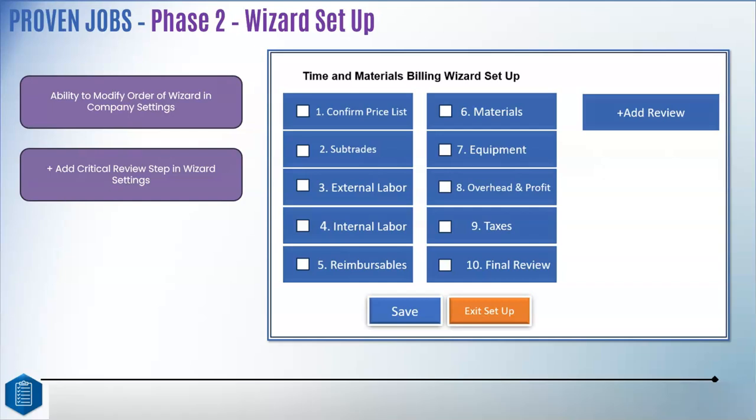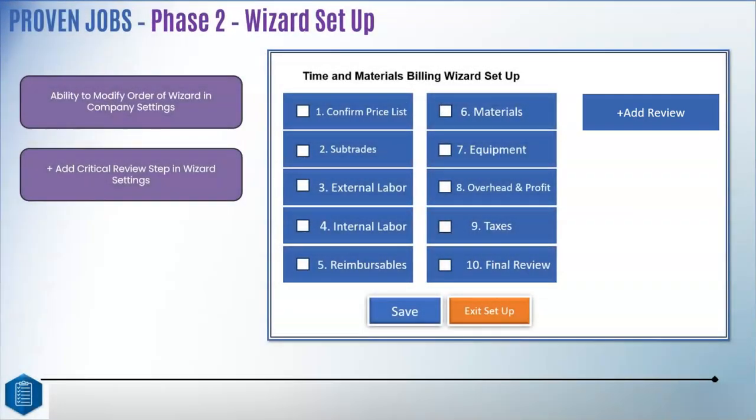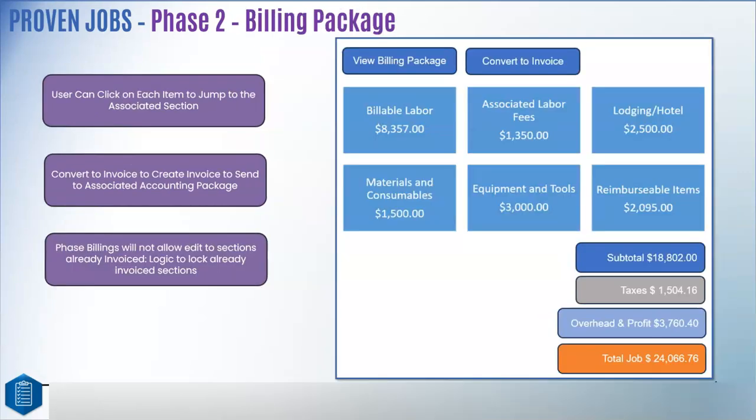Now here, again, what I was speaking about earlier is that in company settings, you can add different options in our automated billing wizard setup. So if you wanted to add your own review step in our wizard setup, you can also do that. So you can add that critical review step in company settings. And then once you have processed your billing package, it will create associated reporting based off of the package that was created.